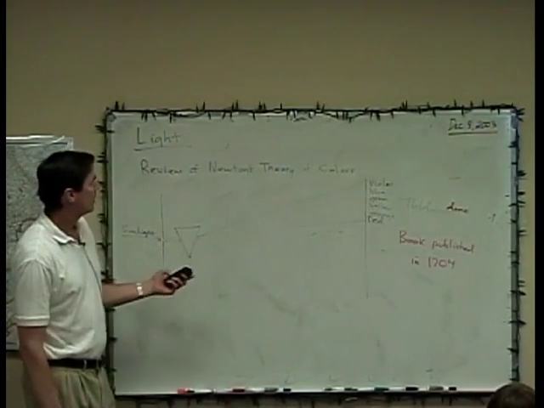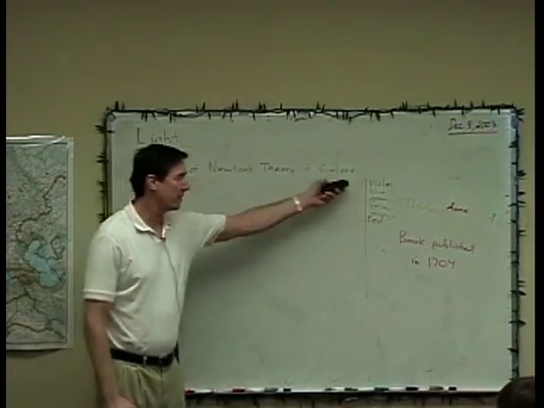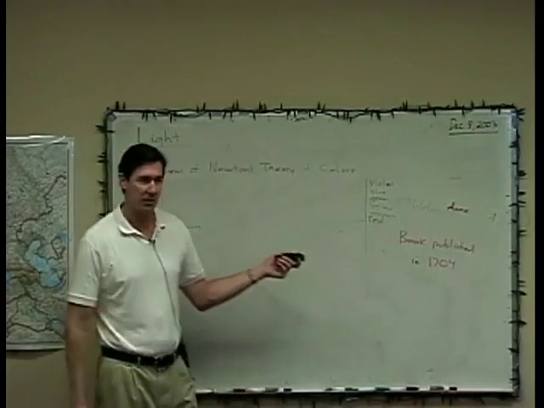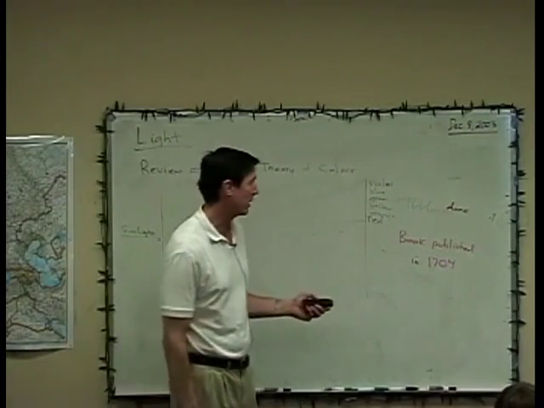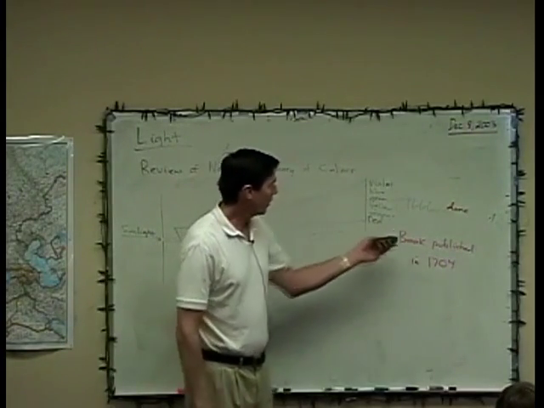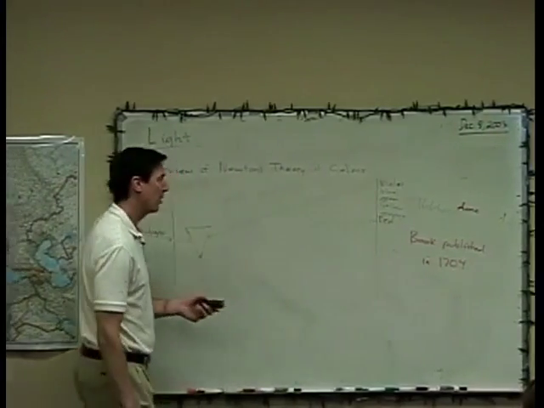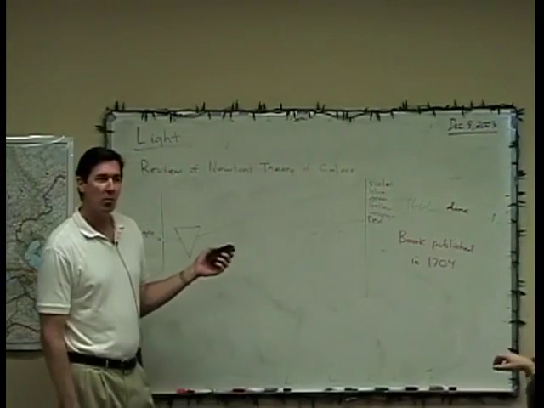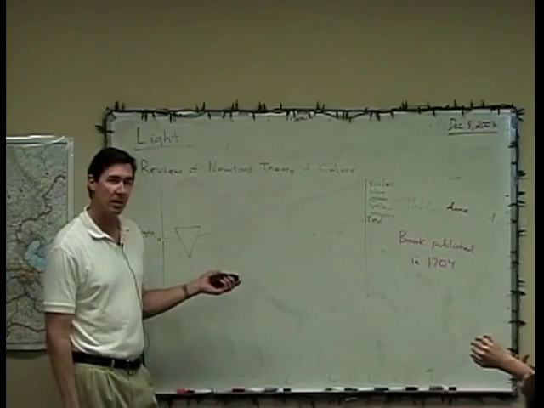Okay, now Newton made not only this discovery about light, but several others that I told you about last year, and even a few that I didn't tell you about. And all those discoveries were in this book that he published in 1704. Now, there really wasn't much else discovered about light for a long time.